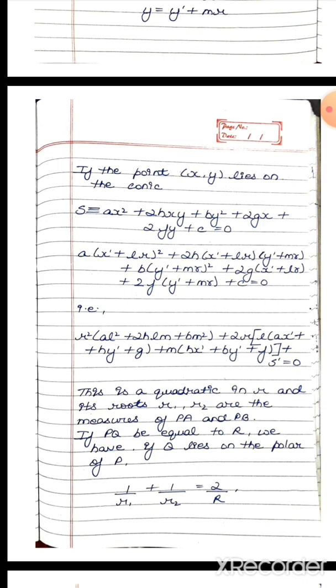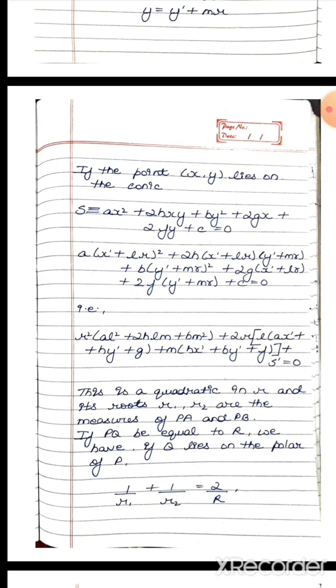That is, we get r squared into (al squared plus 2hlm plus bm squared) plus 2r into (l(ax' plus hy' plus g) plus m(hx' plus by' plus f)) plus S' equals 0.